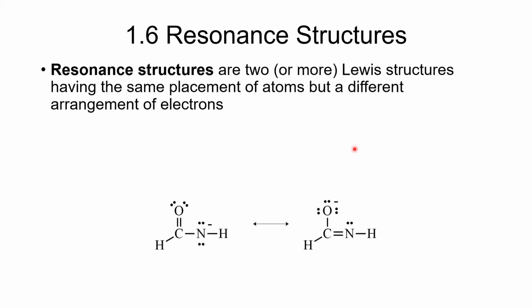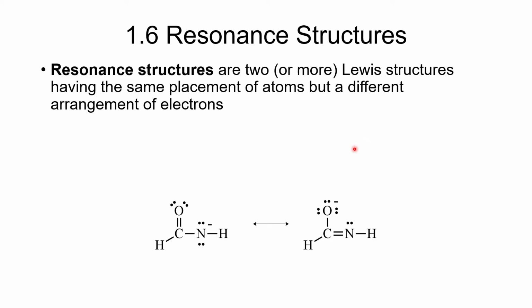All right, we now want to talk about resonance structures. And you probably had a brief introduction to resonance structures in your General Chemistry 1 class, and I want to get into it in more detail. So resonance structures are 2 or more Lewis structures that have the same placement of atoms, but a different arrangement of the electrons.